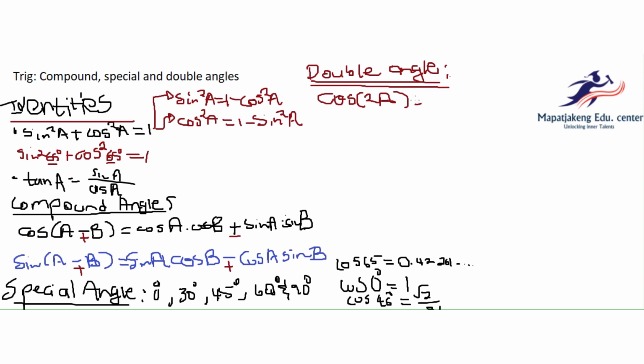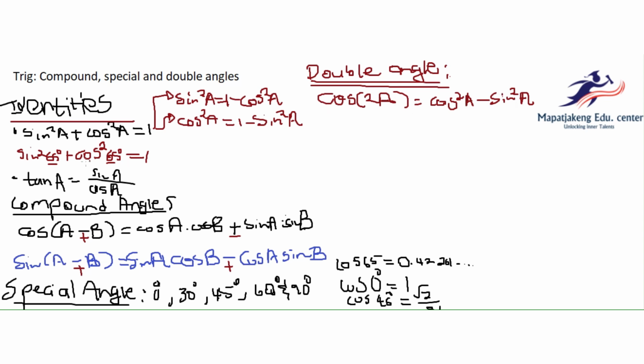You just know that cos 2a you can expand as cos squared a minus sine squared a. The angle is always the same. If here it's 2b, then it's b and b.